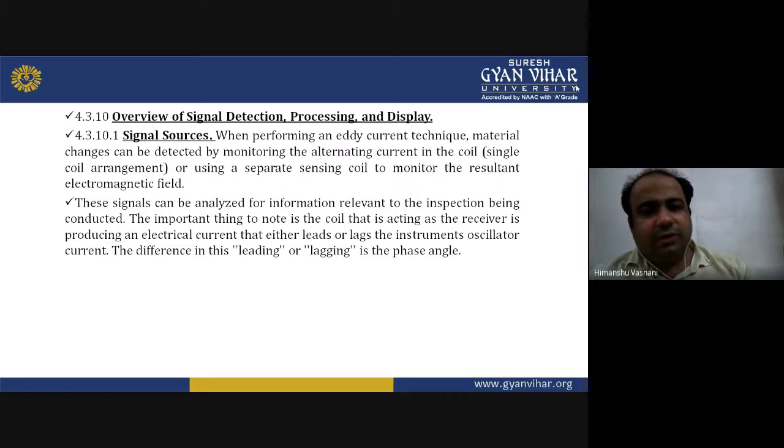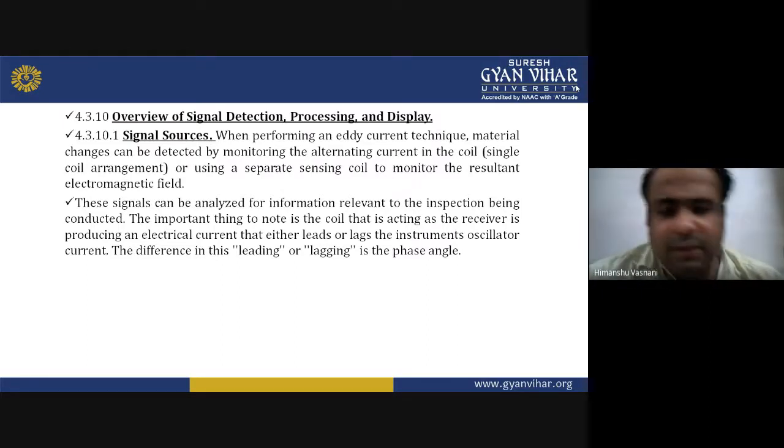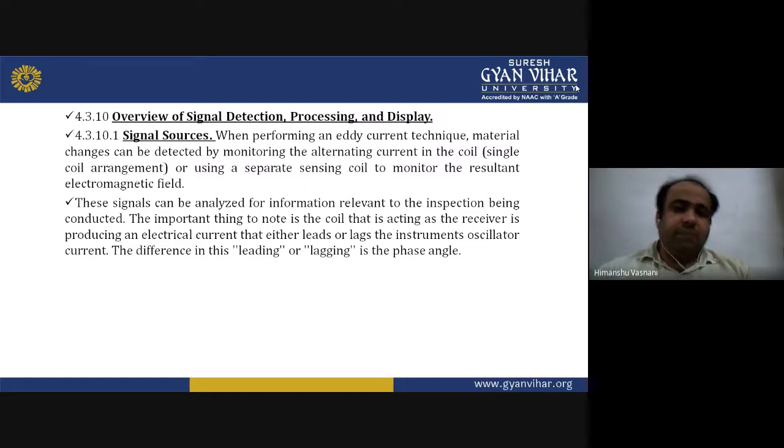These signals can be analyzed for information relevant to the inspection being conducted. The important thing to note is that the coil acting as a receiver produces an electric current that either leads or lags the instrument's oscillator current.